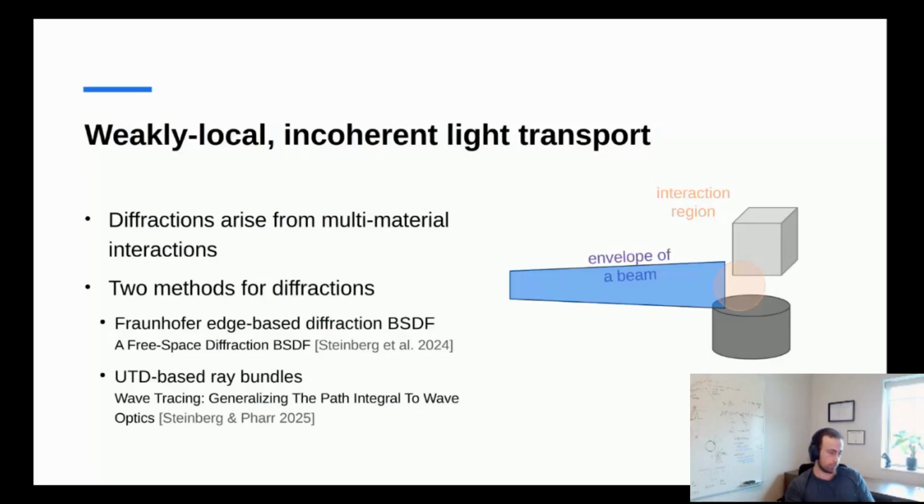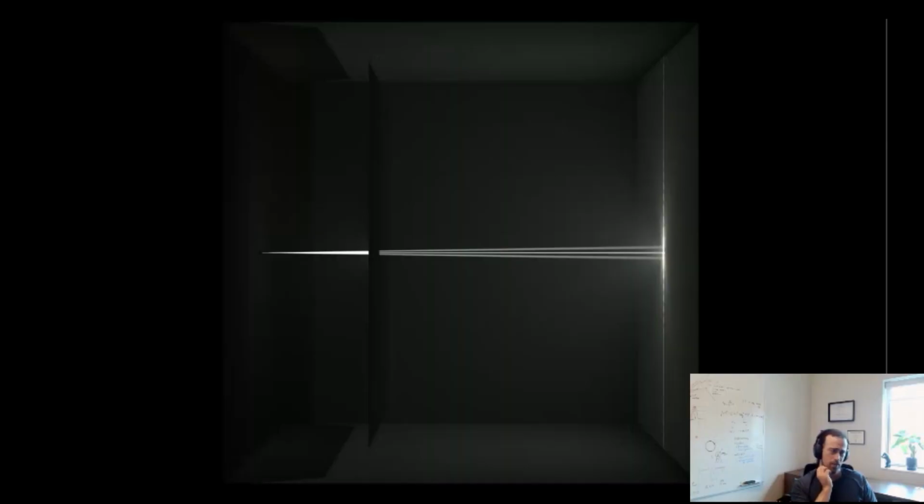The UTD rays will be confined to that envelope of a beam, so there is still no cross-sample interference, which is very important, only within one sample. And this formulation can, even though current implementations are not as mature, do multi-edge diffractions. So multi-diffractions across a path by multi-edge apertures, which no other software can really do. As very brief, some examples of how those diffractions look in a simulation.